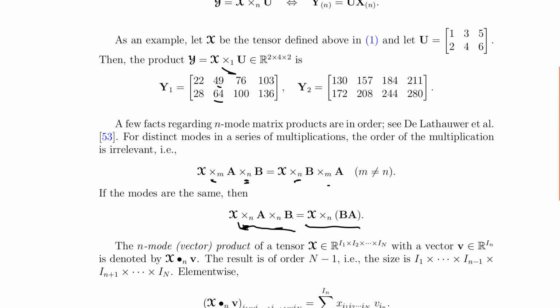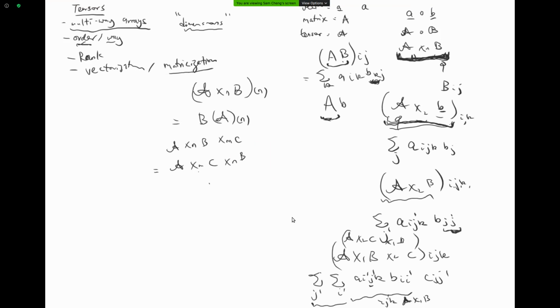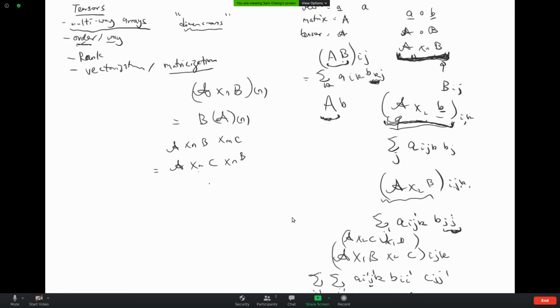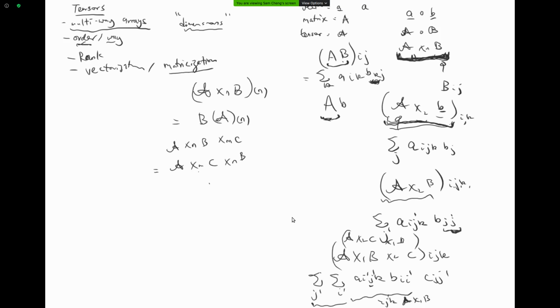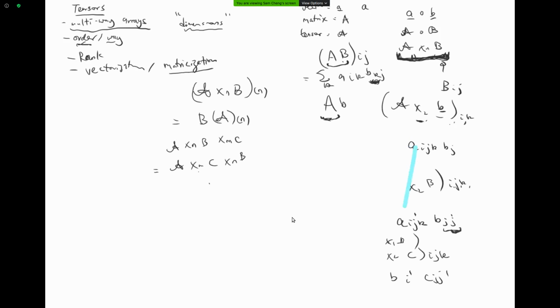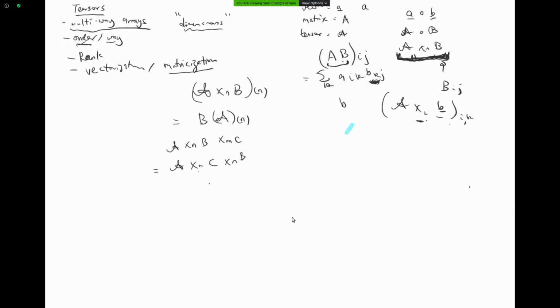This is actually quite easy to show. Actually, I guess we can just use this one.